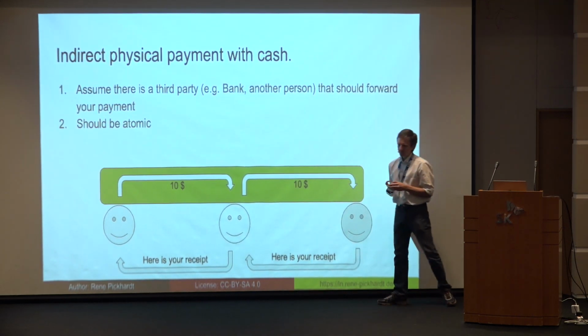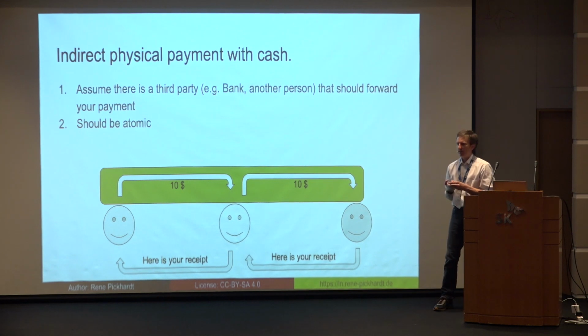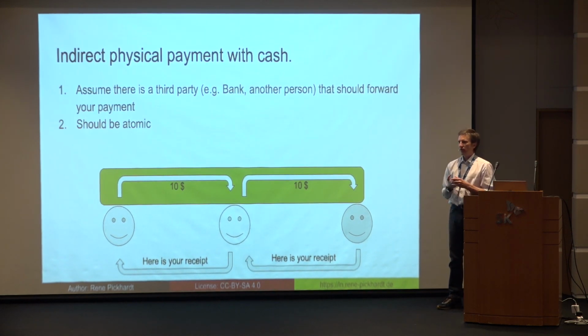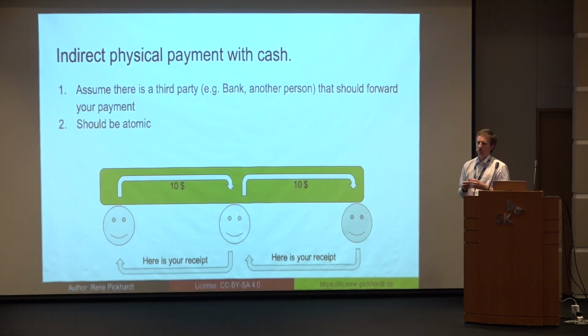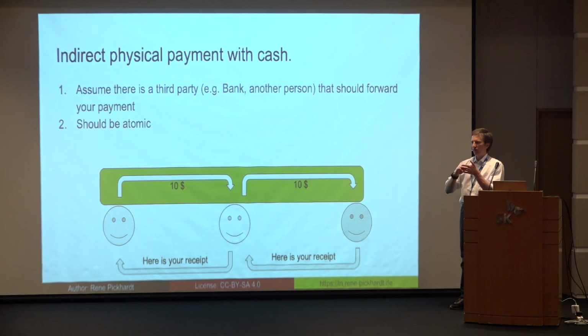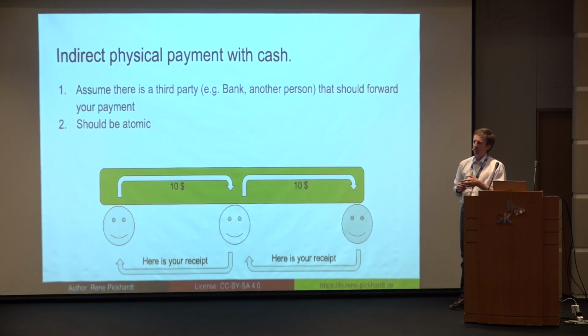So this is a protocol called HTLCs, hash time locked contracts, which basically makes a multi-party payment possible because the party in the middle cannot really use the funds until the final party reveals the secret, right?